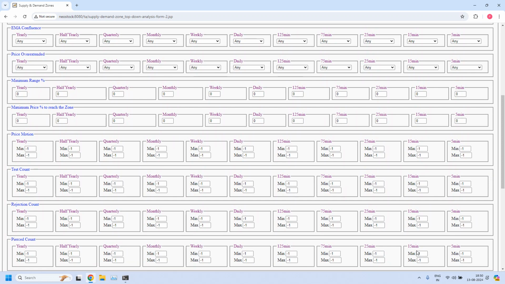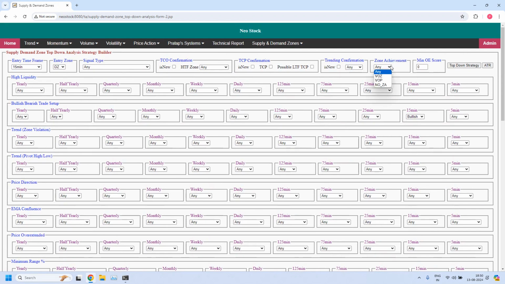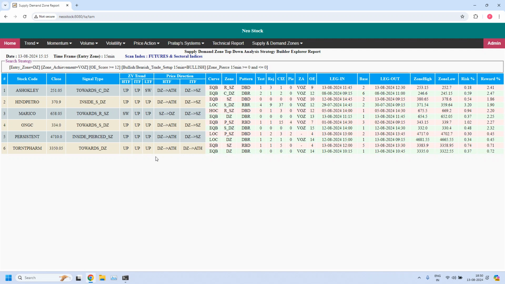So that's why in the pierced count in 15 minutes time frame, minimum value I am setting 0, maximum value I am setting 0. Zone achievement violated opposing zone, minimum order enhancer score is 12. All the three filters are applied to 15 minutes demand zone. Now this is the filtered list. 6 stocks are filtered. All these 6 stocks are supporting bullish trade setup for daily income trade.